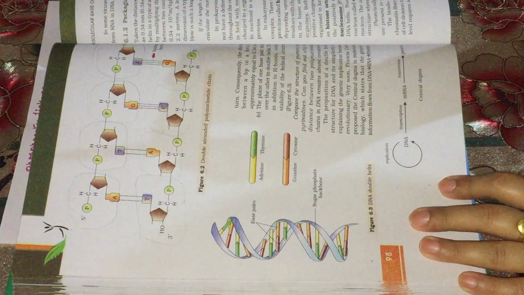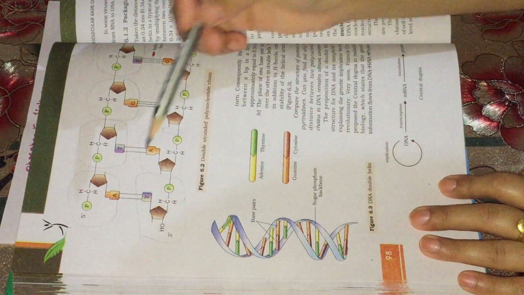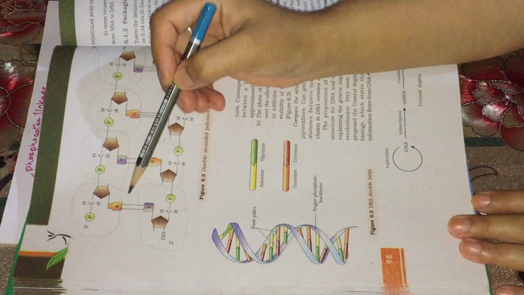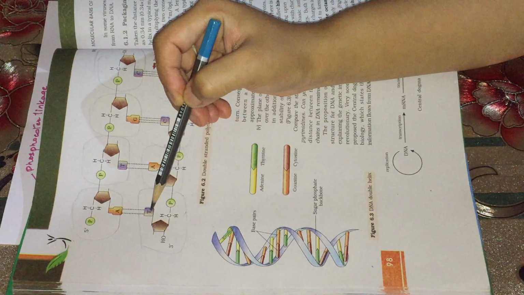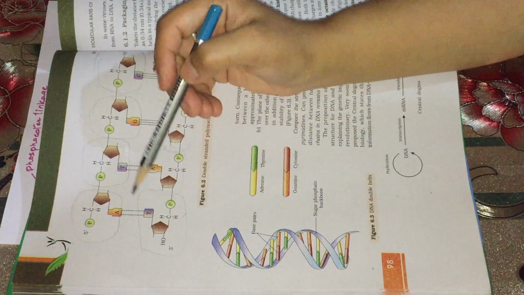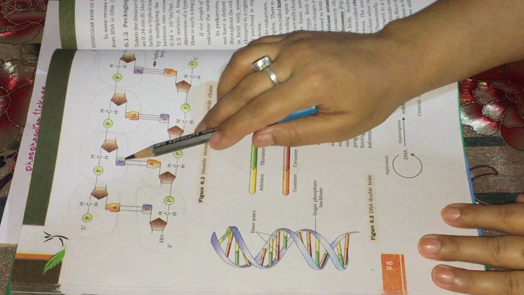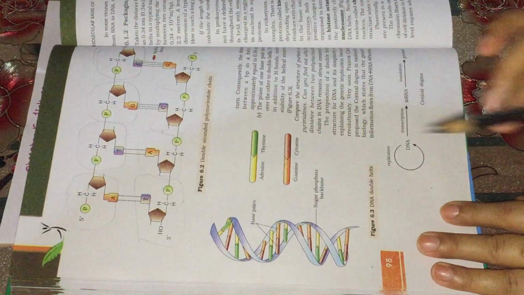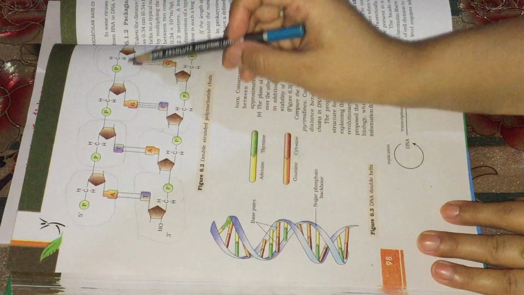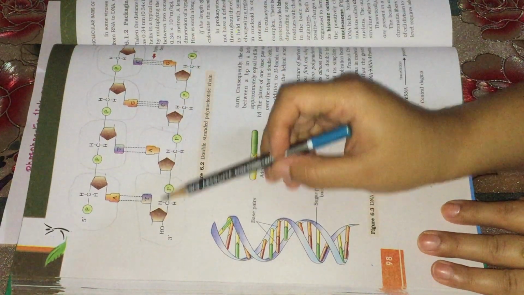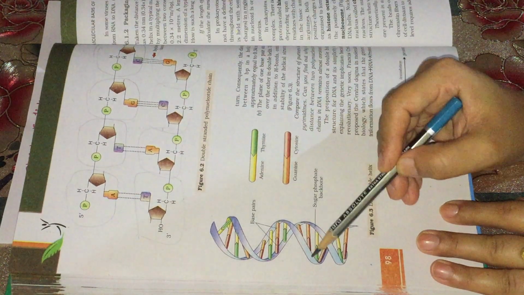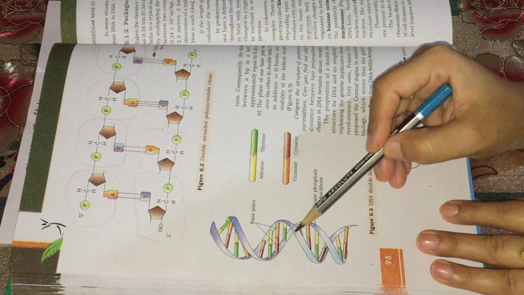Now when you look into this diagram, you can see here adenine is pairing with thymine. Always remember, in DNA adenine always pairs with thymine by 2 hydrogen bonds. The bonds are also given, 2 hydrogen bonds. Thymine pairs with adenine by 2 hydrogen bonds. So this is one polynucleotide chain, this is another polynucleotide chain.